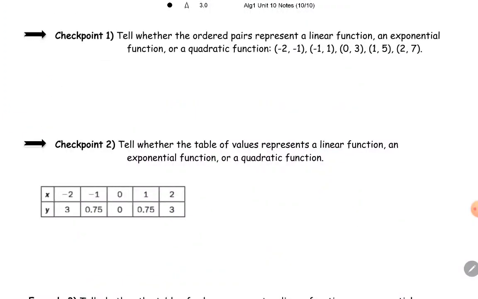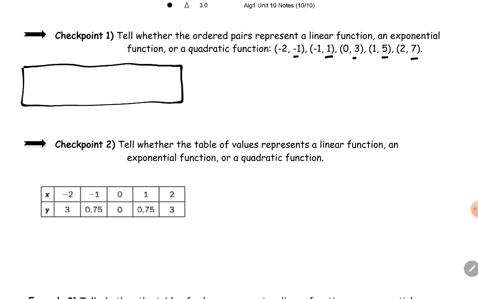All right, checkpoint 1. Okay, so I'm going to just do my outputs only, but if you want to make a table, you can. So -2, -1, 0, 1, 2. Let's take a look.